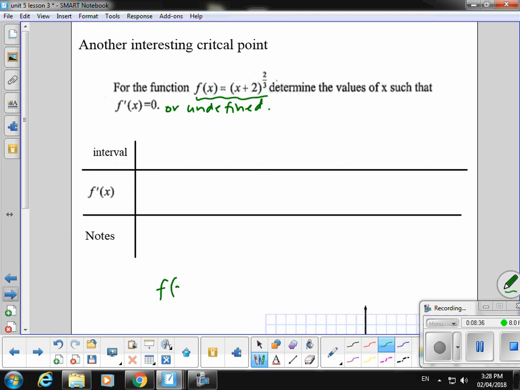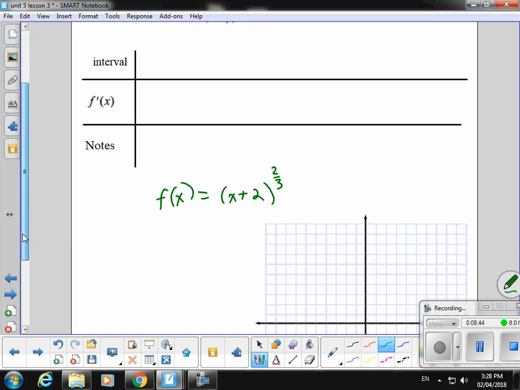F at x equals x plus 2 to the 2/3. So my derivative would be 2/3. Reduce the power by 1. Don't forget the guts. There aren't any interesting guts, just 1. Another way to write this would be 2 over 3 cubed root of x plus 2.